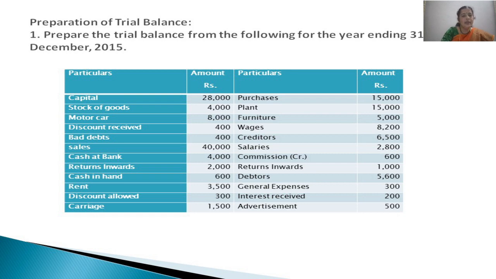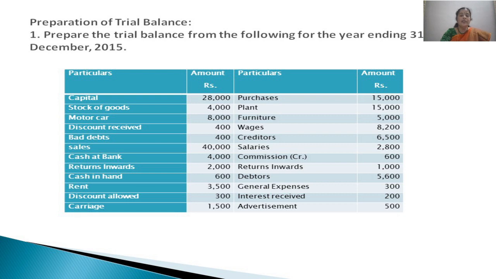The problem here gives the items: capital account. I told you it is a liability, so credit balance. Stock of goods account, it is an asset, so debit. Motor car, all assets are debit balances, I have told you. So motor car, then cash at bank, cash in hand, like that.